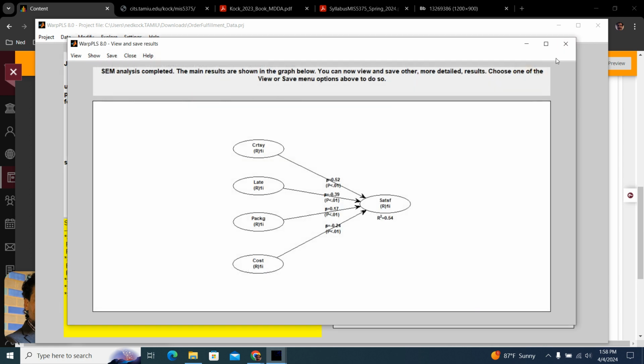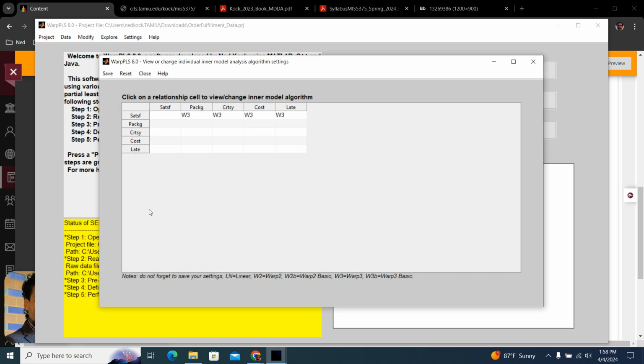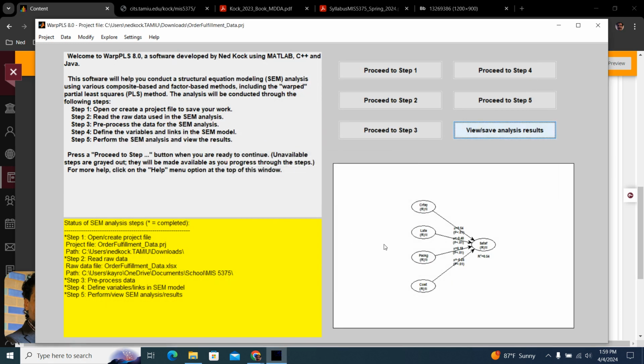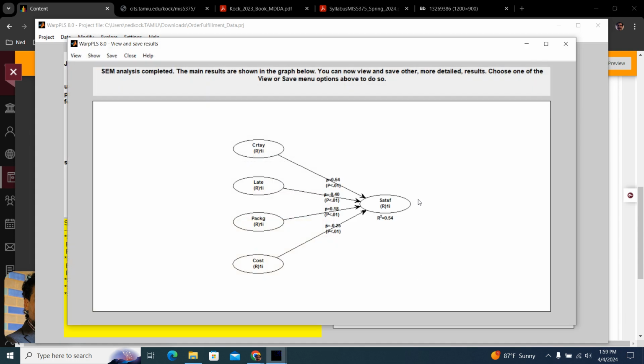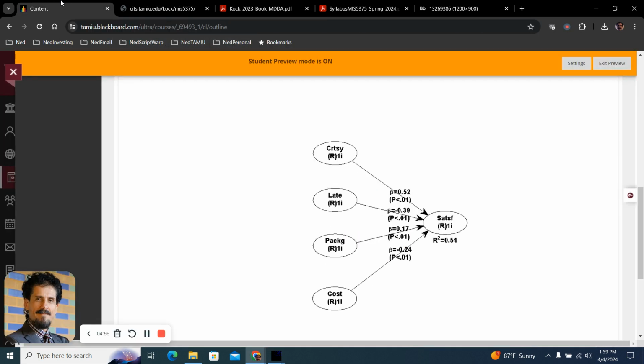So if I were to go to this inner model analysis algorithm settings and reset them to the default, and then save this, then I'll get the results exactly as in the textbook. So Kayla, you don't have to resubmit.